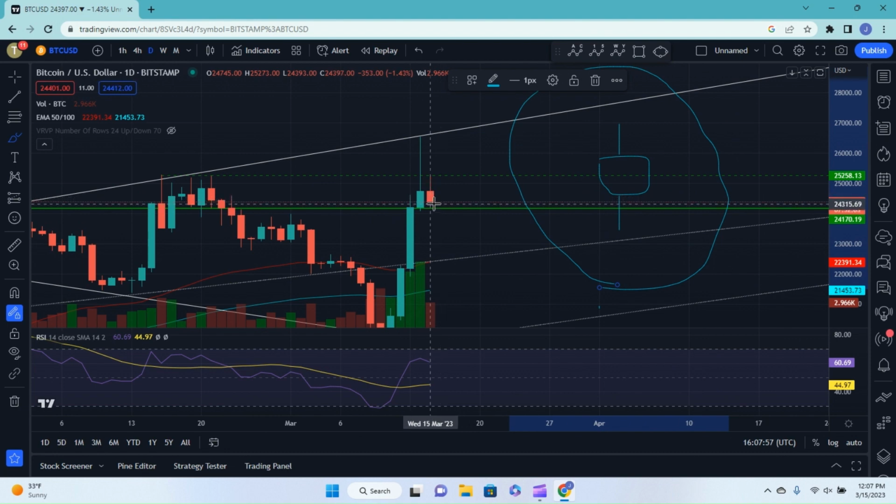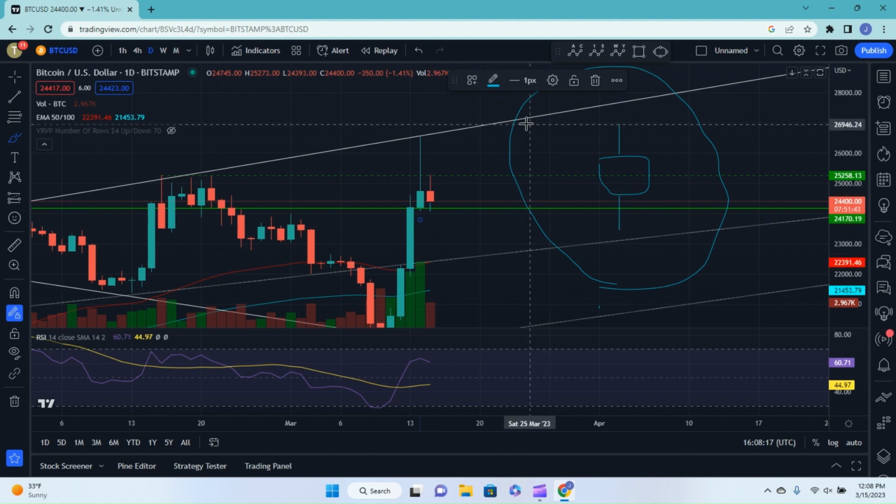So watch this candle today. If you have time, watch this candle today and see how far the sell pressure pushes us, and if the buying pressure pushes us back up to where we have a spinning top formation. And let me get rid of this real quick.